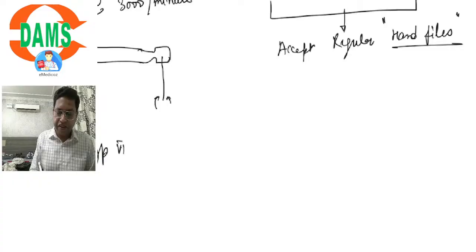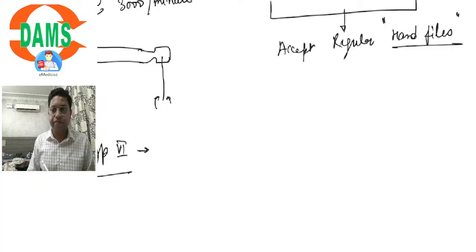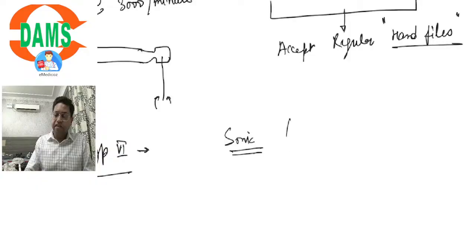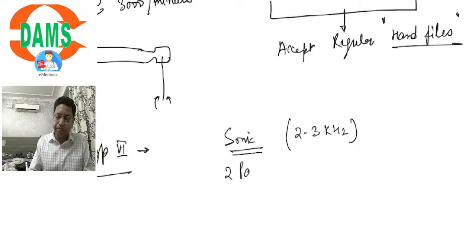Coming over to group 6 instruments. They involve firstly the sonic ones. Sonic instruments, as the name indicates, vibrate at the frequency of 2 to 3 kilohertz. Sonic frequency. It consists of two parts.